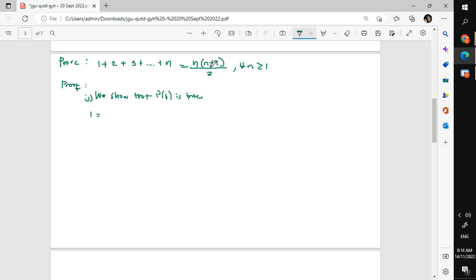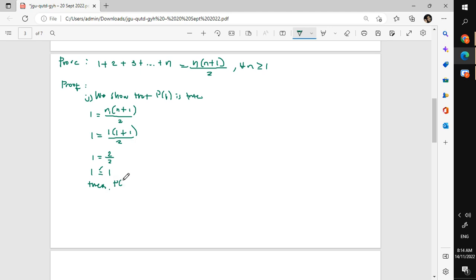We will equate that to the right side, which is n times n plus 1 all over 2. Now, the value of our n in here is equal to 1, so we have 1 times 1 plus 1 all over 2. Copy the left side, and here we have 1 plus 1, that is 2, times 1, that is 2. So we have 2 over 2, or 2 divided by 2, that is just equal to 1.